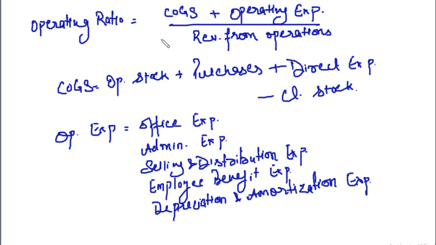That means the denominator should be higher than the numerator. The numerator should be lower. That means lower the ratio, the better it is. Lower the operating cost, lower the cost of goods sold, higher the revenue from operations, the better it is.